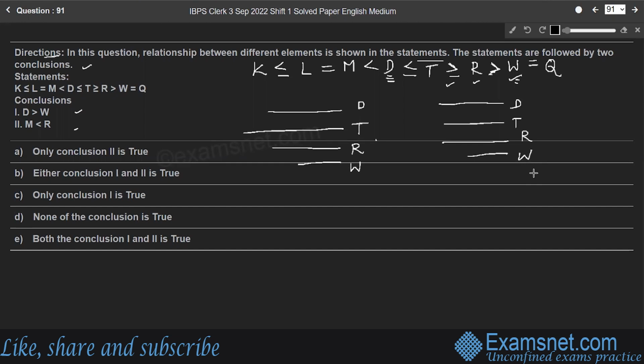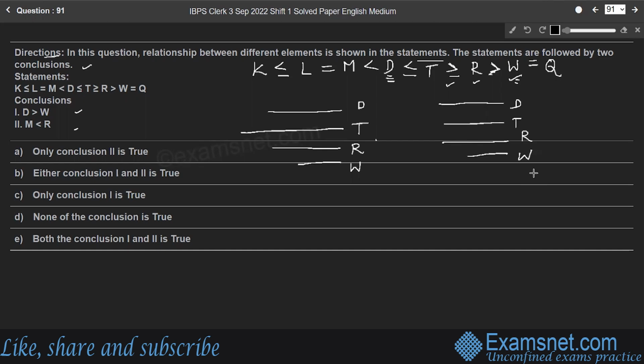So look at the conclusion. D is strictly greater than W. Can we conclude this?